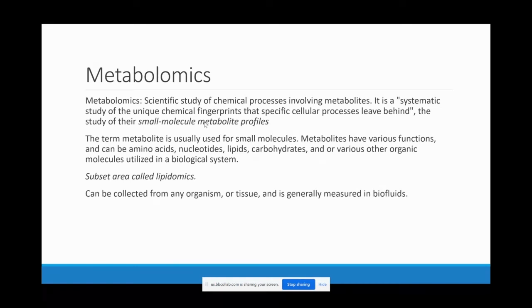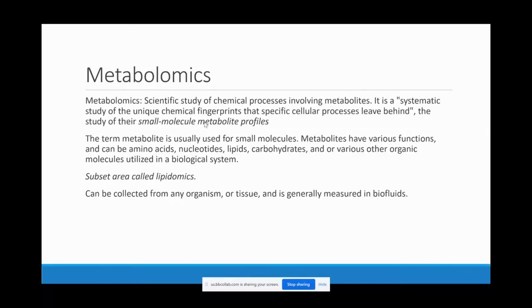They could be lipids. They could be semi-complex lipids, but still just one lipid molecule by itself. They could be sugars. Again, we're talking about singular small molecule sugars, not the complex things like glycogen. Or they could be various other organic molecules.